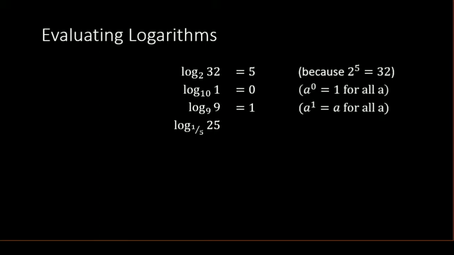The negative is going to flip it upside down to make it a 5, and then we need to square it to get 25. So the answer here is negative 2. The negative turns the 1/5 into 5, and the 2 turns the 5 into 25. So 1/5 to the negative second power becomes 25, and that's why it's the answer here. Any time the base and the argument are reciprocals of each other, you're going to end up with a negative from your logarithm.